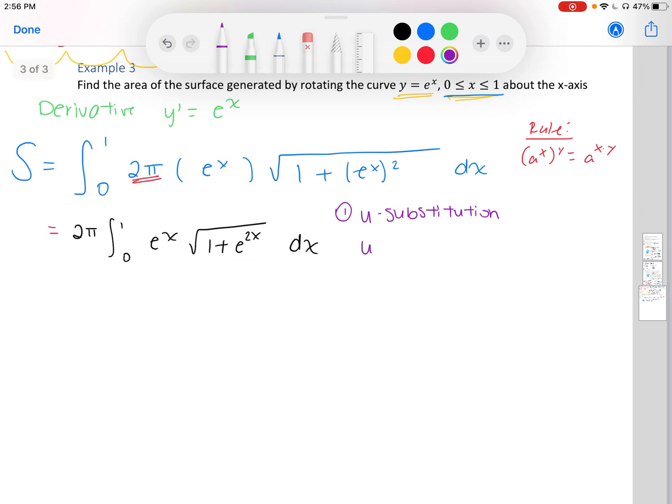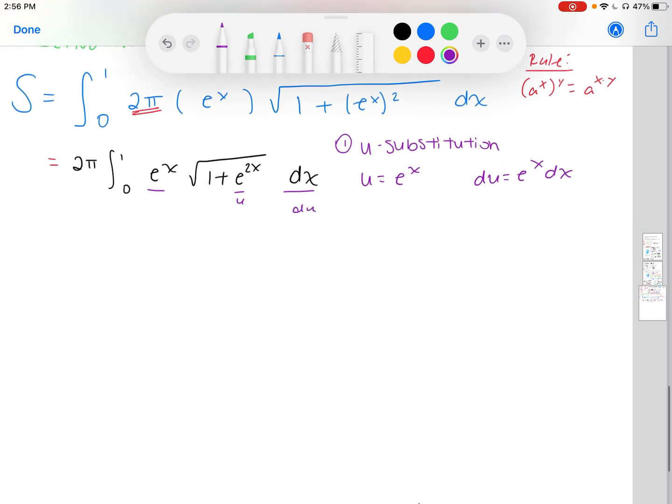So let's let u equal e to the x. Therefore, our du is e to the x dx, which we have, right? So we have our u and we have our du. Let's make that replacement.